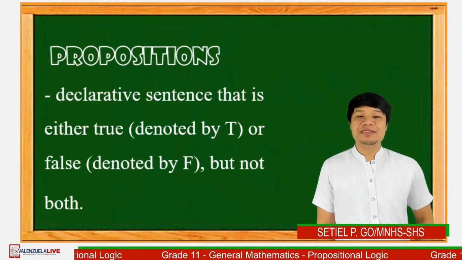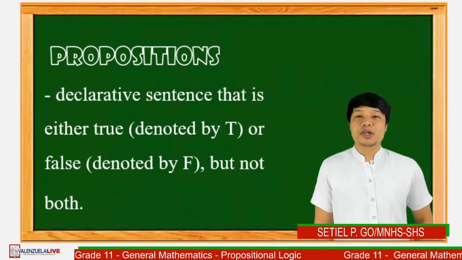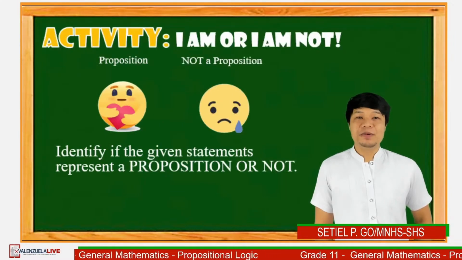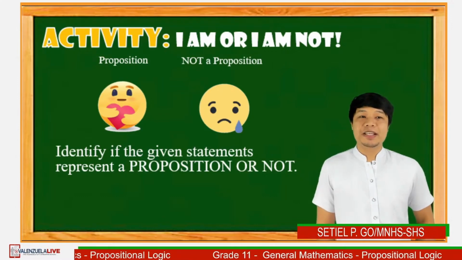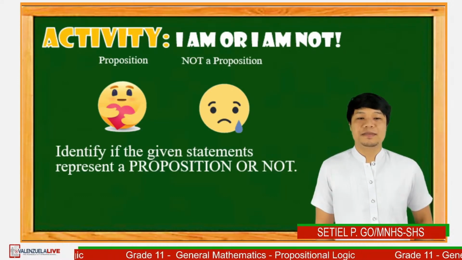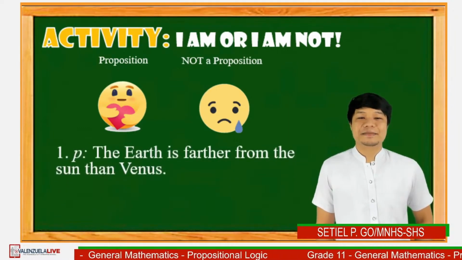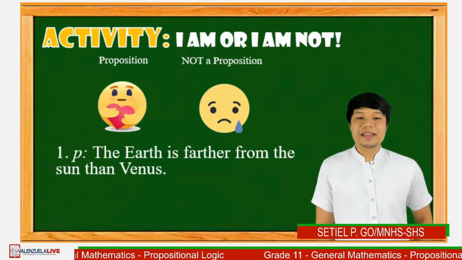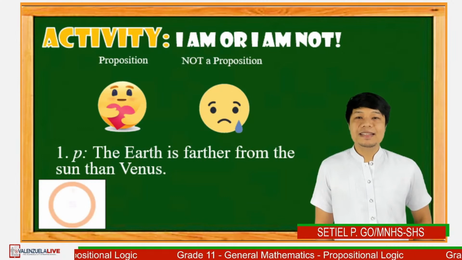Let's have another activity to enlighten us about proposition. You're going to use again the comment box below to key your answers. Use hair sign if it's proposition and sad sign if it's not proposition. Are you ready? Let's start. Number 1. The Earth is farther from the Sun than Venus. 5 seconds.